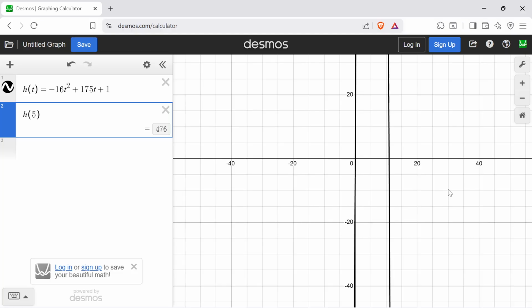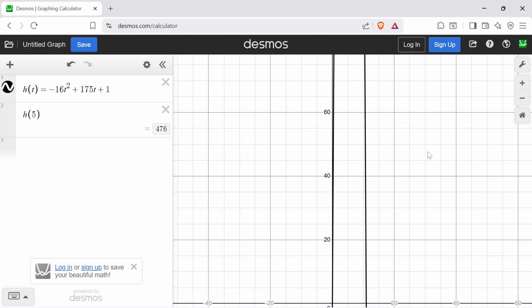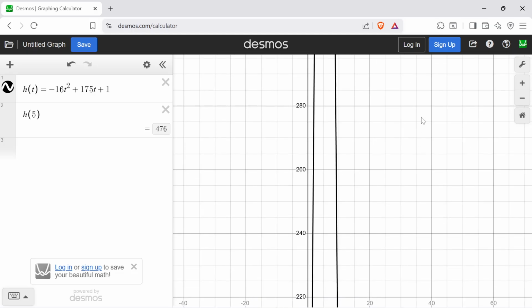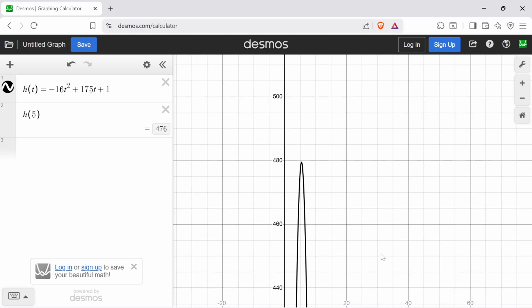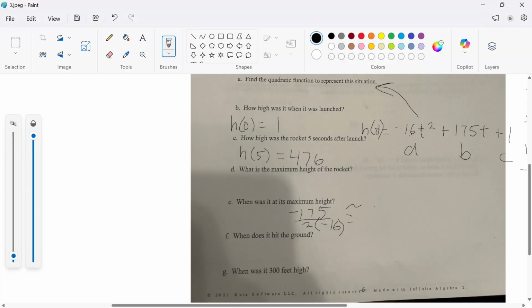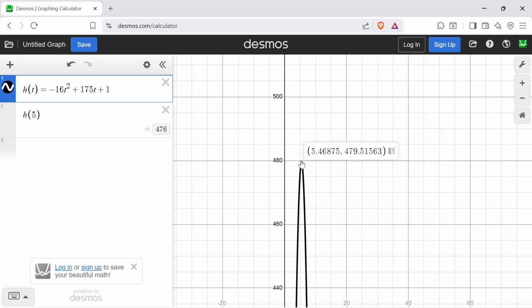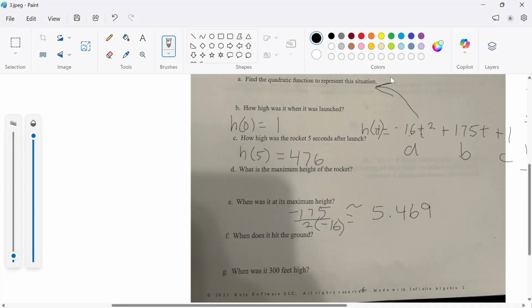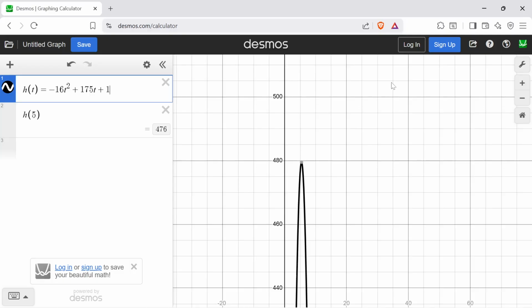I'm just going to look at the vertex to find where the maximum height is, because that's the vertex. The t component is approximately 5.469 seconds. Then I plug 5.46875 in for t to find the h of t component, and it's 479.516.